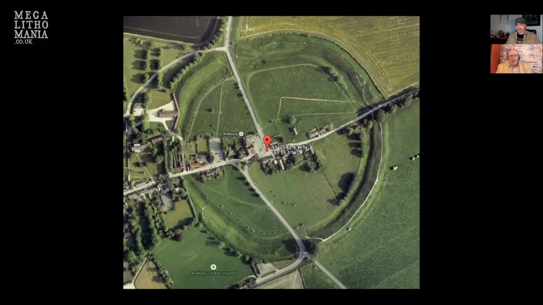And if you do 360 divided by 7, that is exactly the latitude of Avebury. And it puts it in the pub car park. I don't know if you've been to Avebury, people listening, but in the center of the henge there is a pub there. And that latitude puts you in the pub car park in the center of Avebury. So it's pretty accurate.